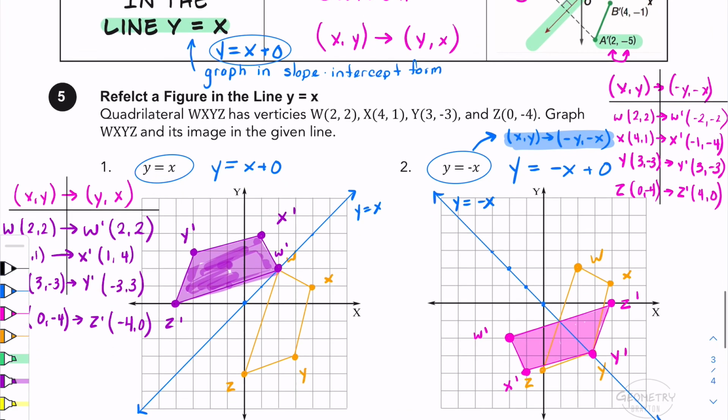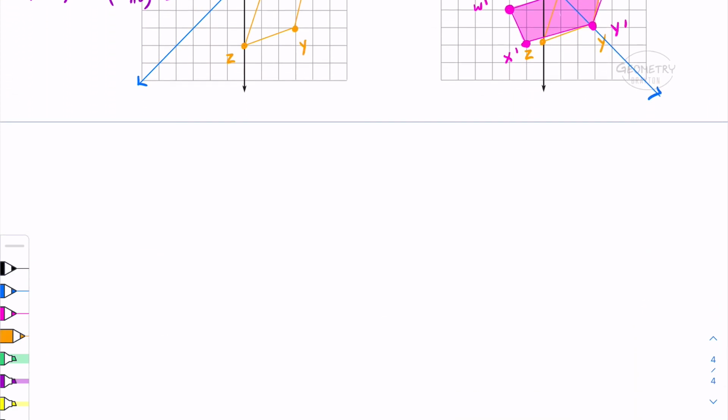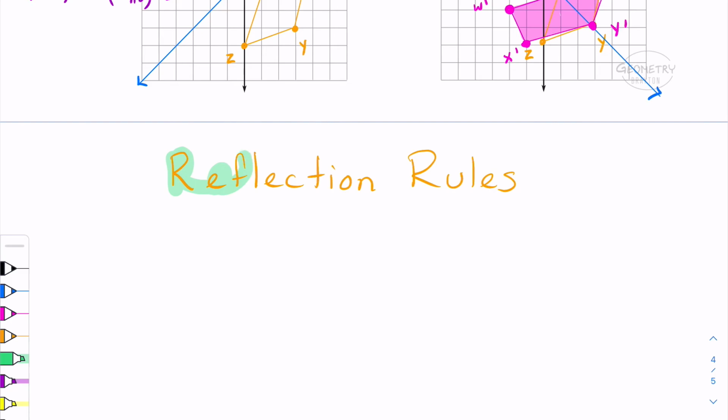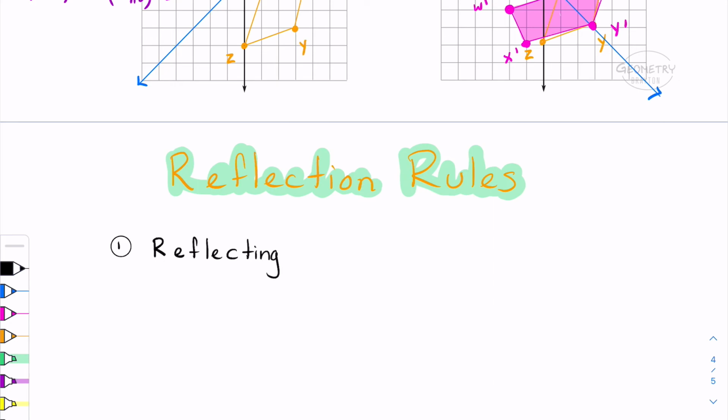Okay, so I am quickly going to make a note of reflection rules for you, and I think that all of you should do this as well. So everything we learned today. The first rule, if you are reflecting across a line, you want to mirror or keep the same distance from the line of reflection.